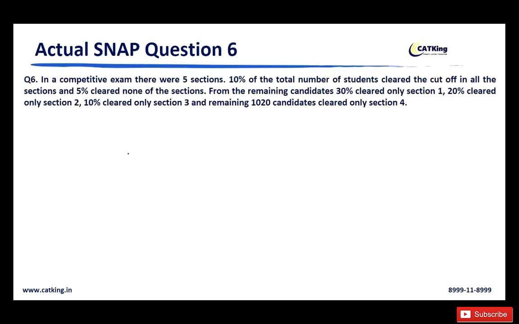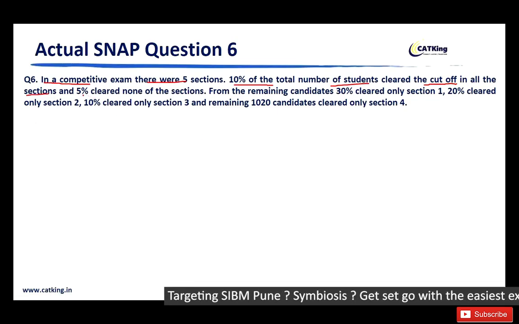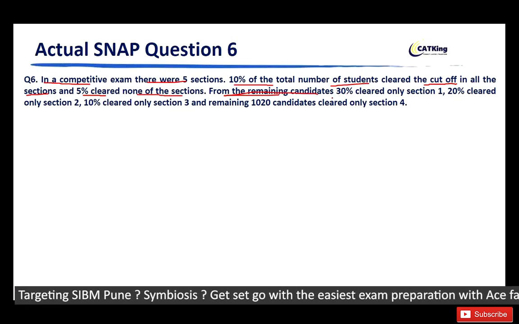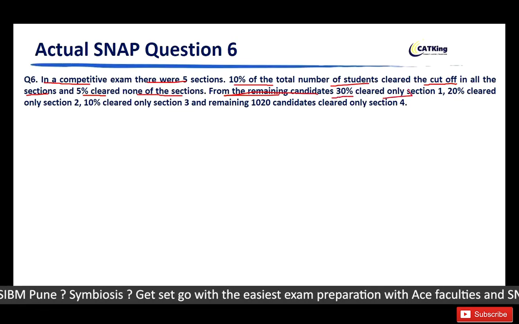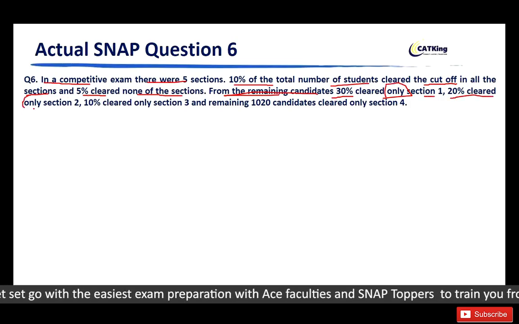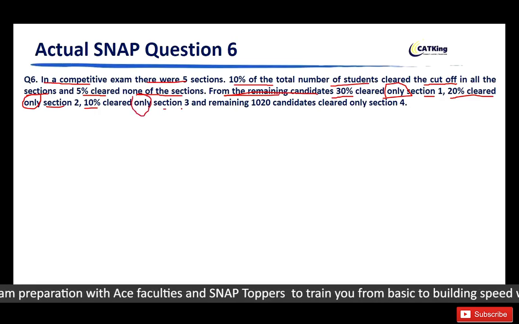Let's move on to the next question. Question number 6 says that in a competitive exam where there were 5 sections, 10% of the total number of students cleared the cutoff in all the sections and 5% cleared none of the sections. From the remaining candidates, 30% cleared only section 1, 20% cleared only section 2 and 10% cleared only section 3.